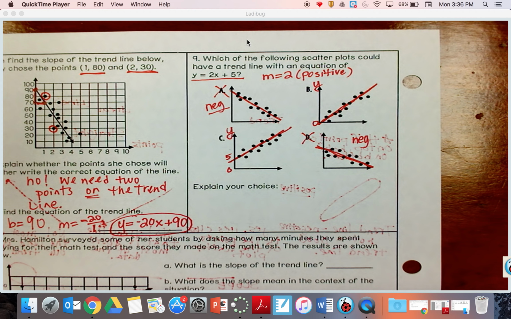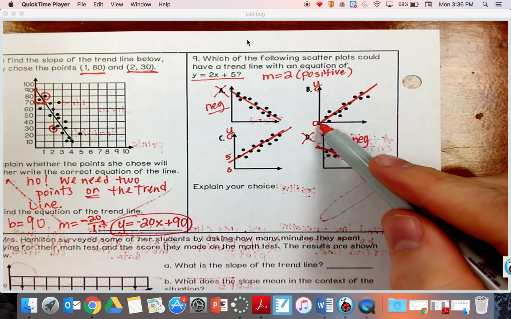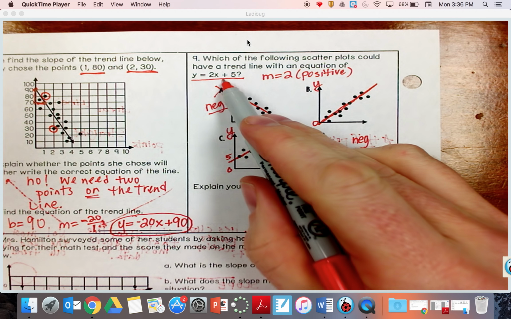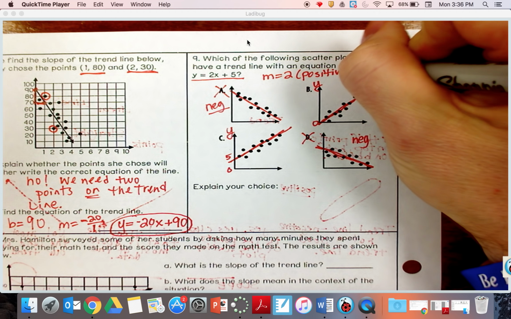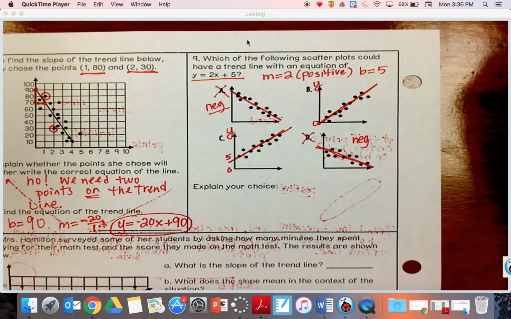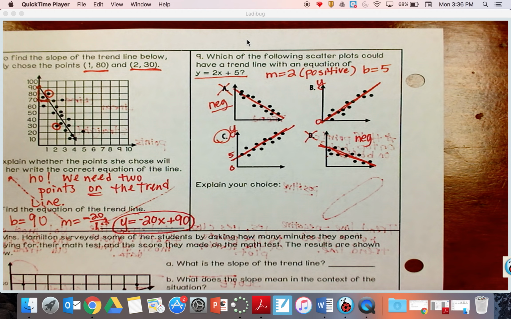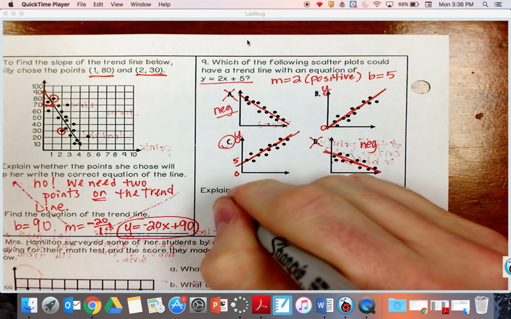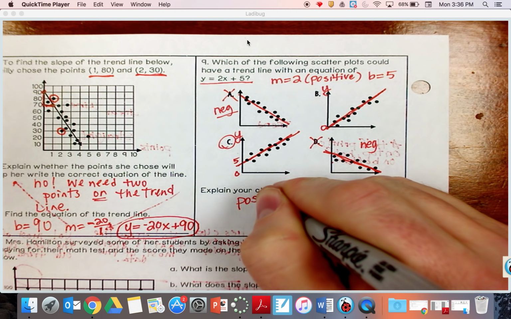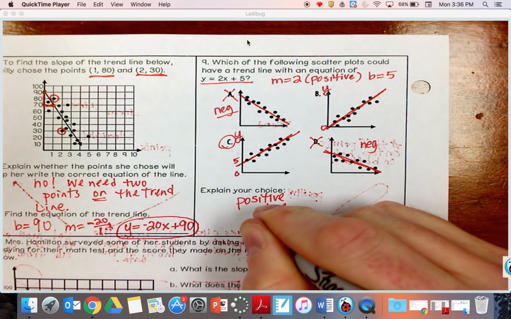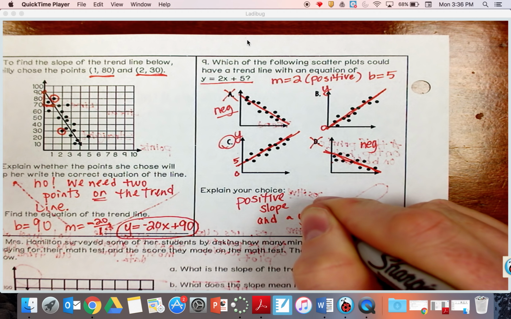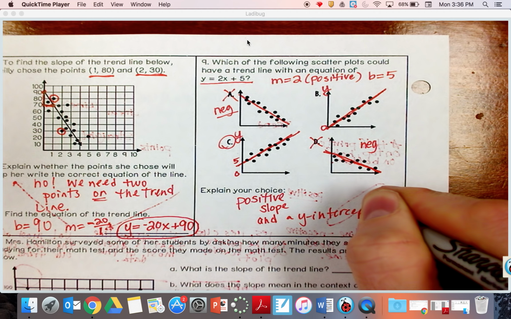So the best choice here, because this one's starting right here in the corner, which we know is 0, and we wanted a start of 5, or a y-intercept of 5, would be C. So C would be my best choice, that gives me a positive slope and a y-intercept of 5.